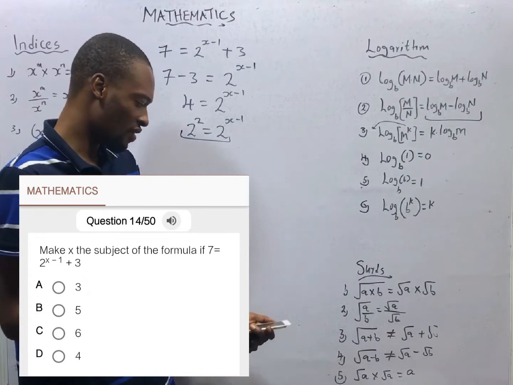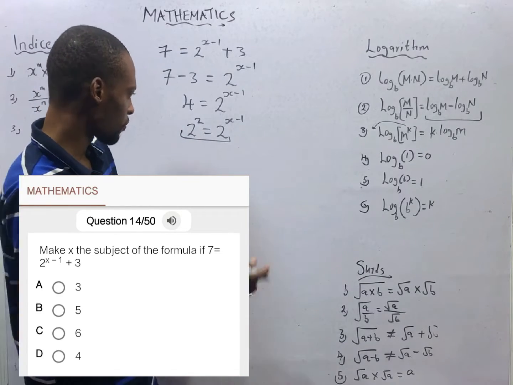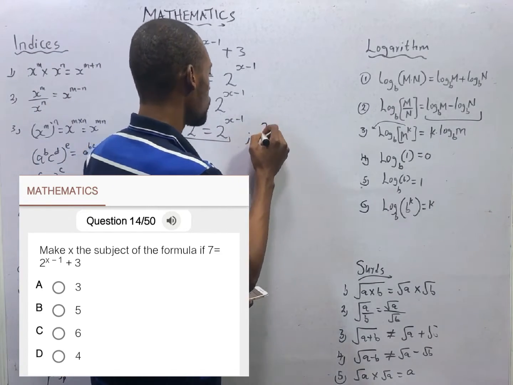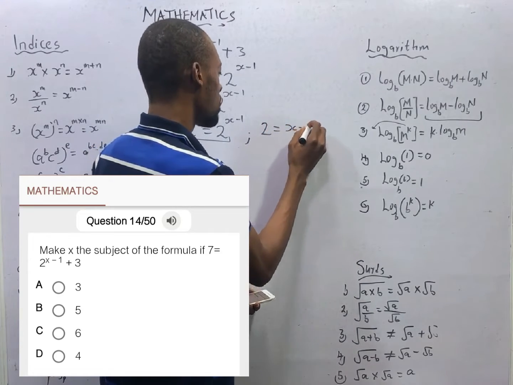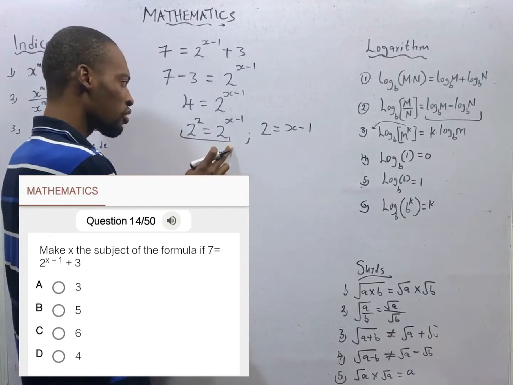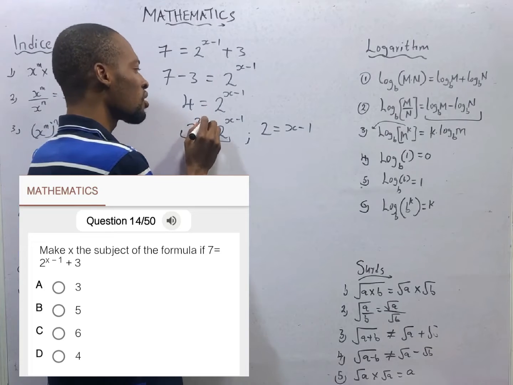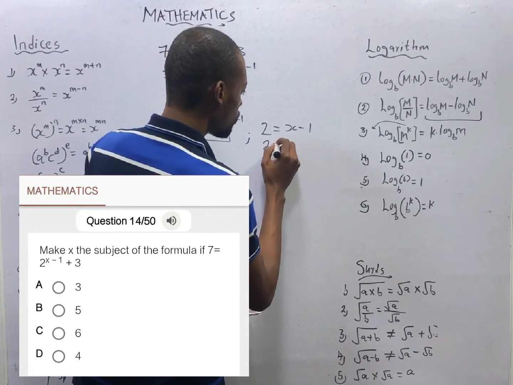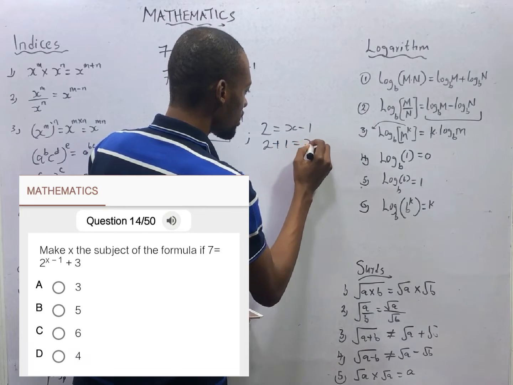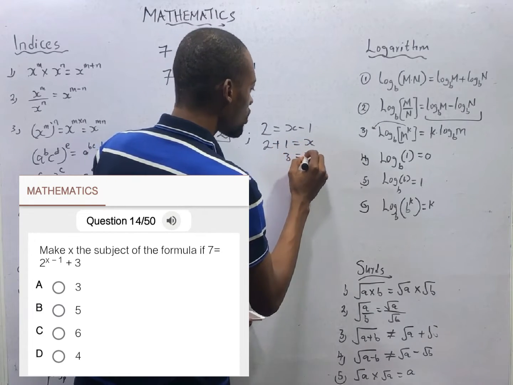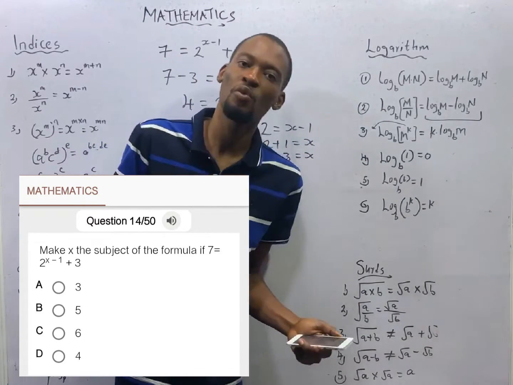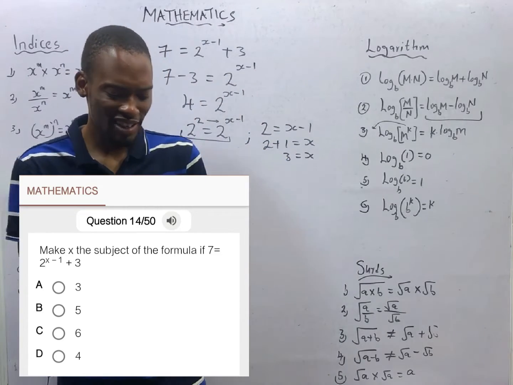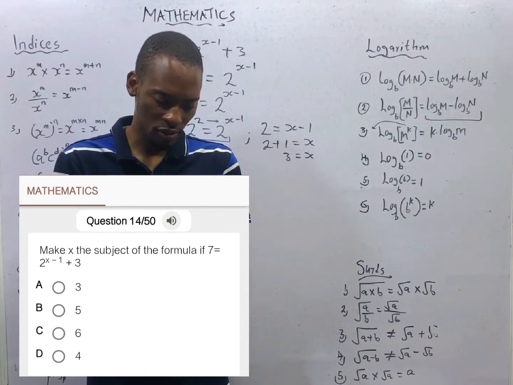It therefore means that the power can be equated. So this is 2 is equals S minus 1. Since 2 is equals 2, the 2 at the top is equals S minus 1. From here, 2 plus 1 is equals S. 3 is equals S. And S is equals 3. Option A is the correct option.